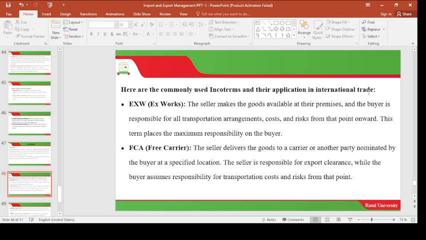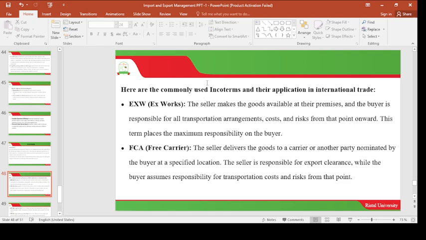They were updated in 2010. So number one is Ex Works. Ex Works, what does it mean? Under this term, the seller makes the goods available at their premises and the buyer is responsible for all transportation arrangements, costs, and risk from that point onward. This is the maximum responsibility of the buyer.